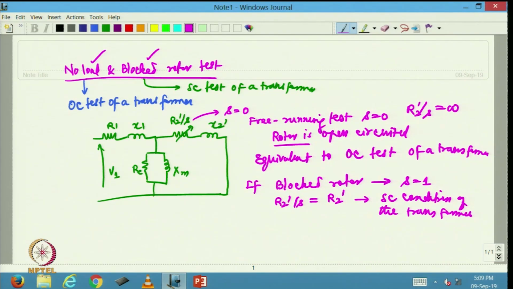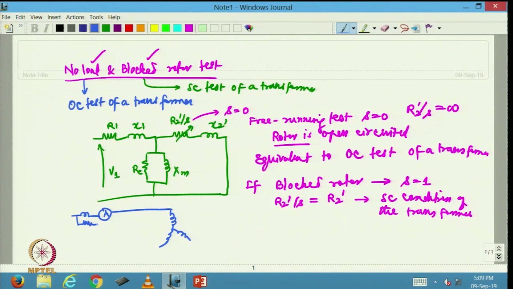Now, let us try to look at what is actually the connection that is made under open circuit condition. So, I am going to have this as one of the wattmeters, which is going to one of the phases of the induction motor. Let us say this is the induction motor stator. So, this is going to be a meter and this is coming through the wattmeter W1.